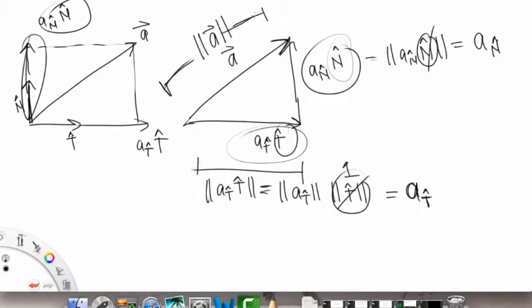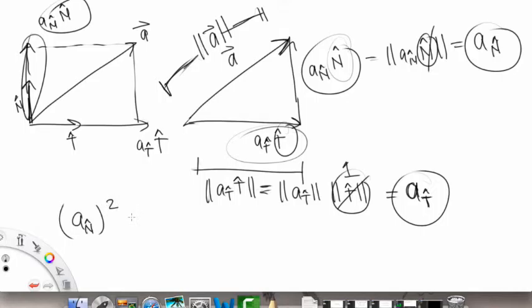Usually you're given the a to decompose, so that won't be that big of an issue. Something to keep in mind is that this is that length, this is the bottom length, and this is the side length. So you can make use of the Pythagorean theorem and say that the magnitude of a sub n hat squared is equal to the magnitude of a squared minus the magnitude of a sub t hat squared.